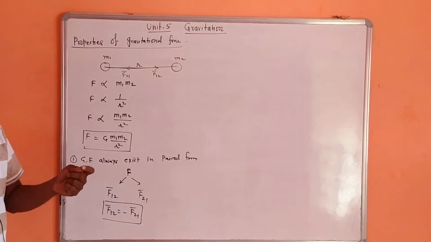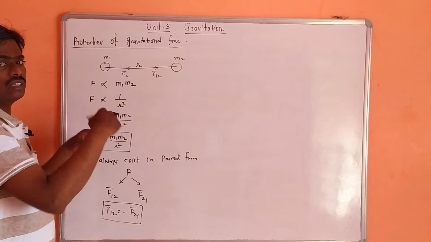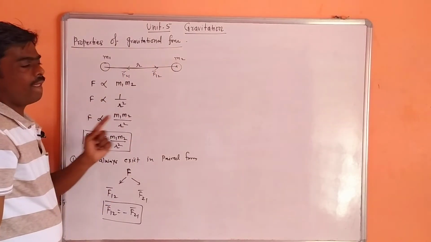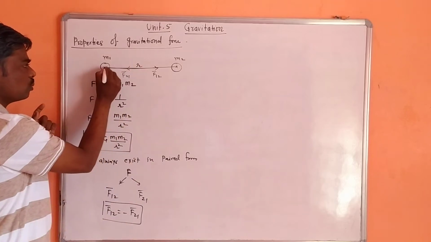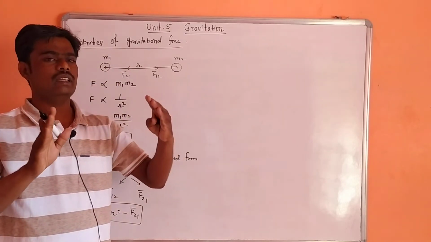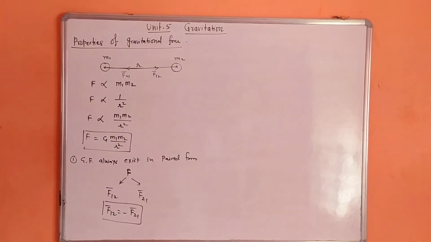But remember, they do not cancel each other. Why? Because the point of action is different. This force is acting at this point and this force is acting at this point. Since the points of action are different, they do not cancel each other. They are only oppositely directed.